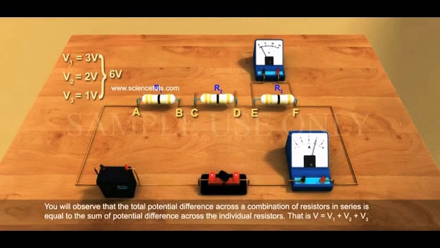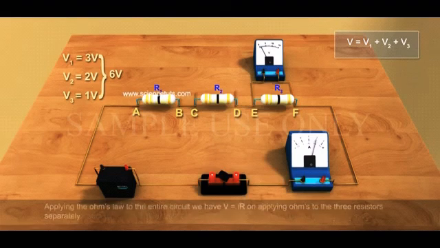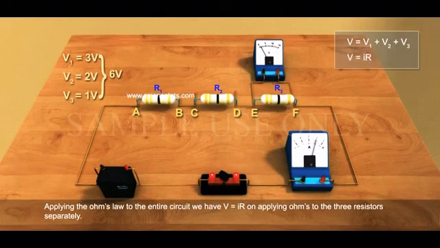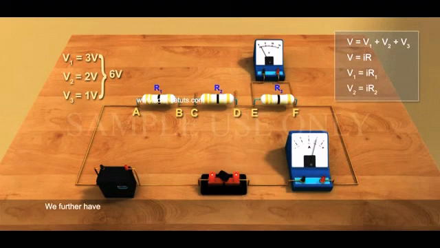You will observe that the total potential difference across a combination of resistors in series is equal to the sum of the potential differences across the individual resistors. That is, V is equal to V1 plus V2 plus V3. Applying Ohm's law to the entire circuit, we have V is equal to IR. On applying Ohm's law to the 3 resistors separately, we further have V1 is equal to IR1, V2 is equal to IR2 and V3 is equal to IR3.